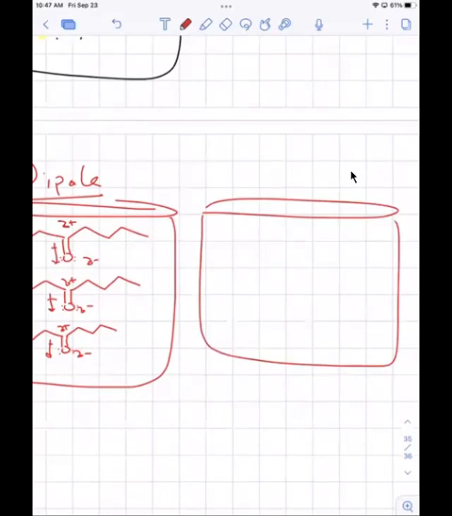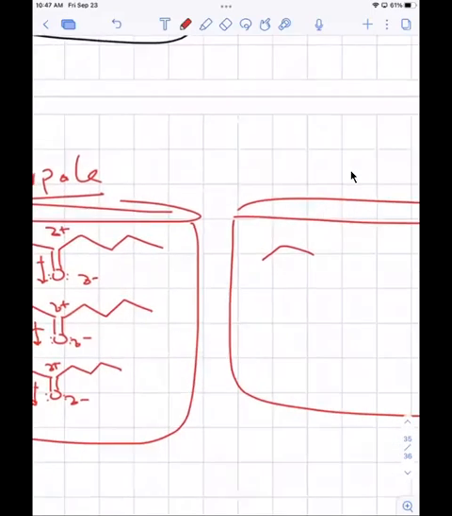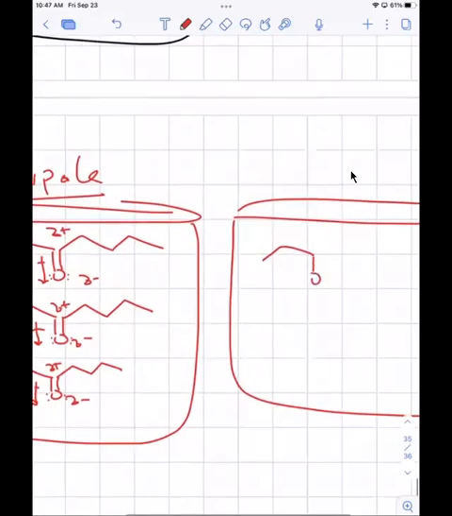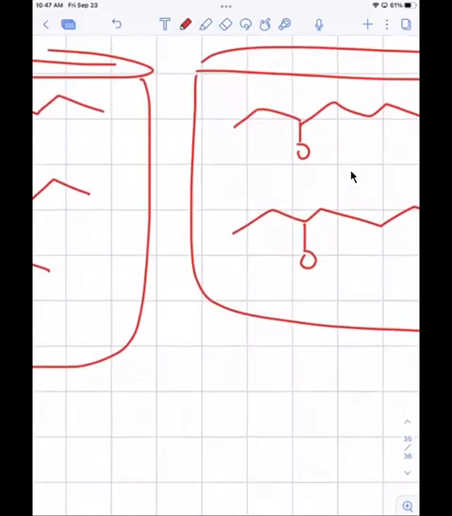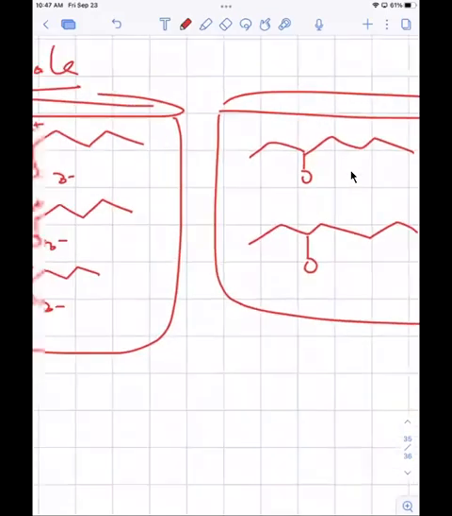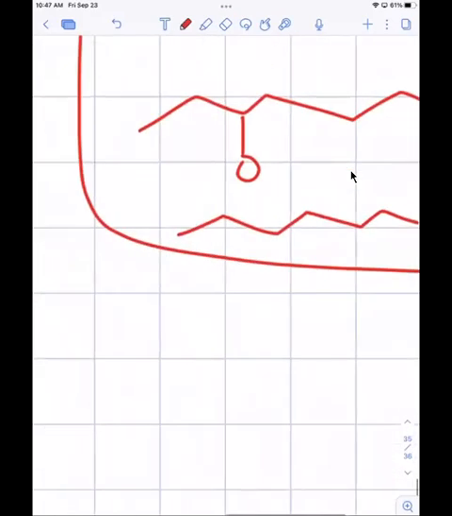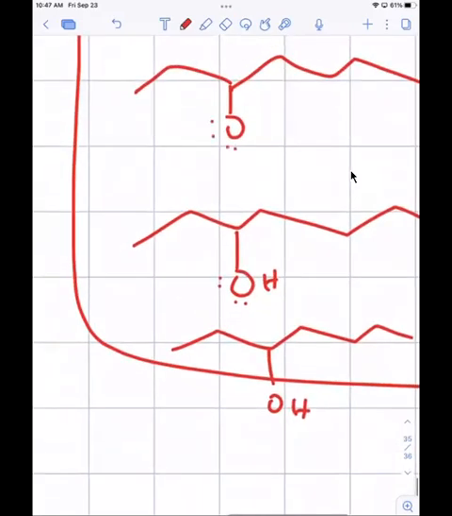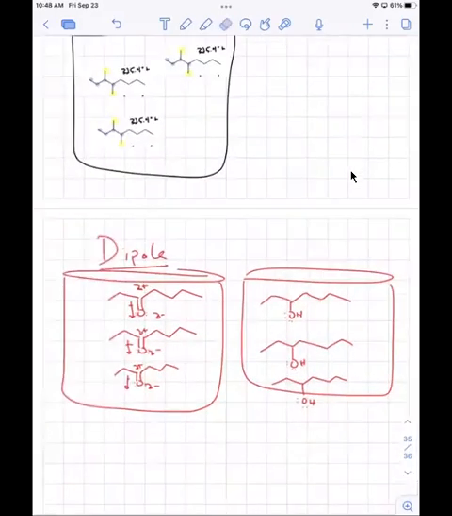The other one was an alcohol, wasn't it? I don't know if I got enough carbons, but fix my beaker.